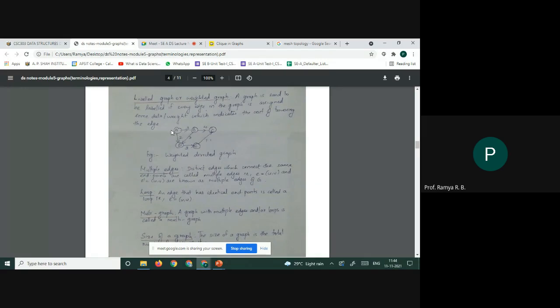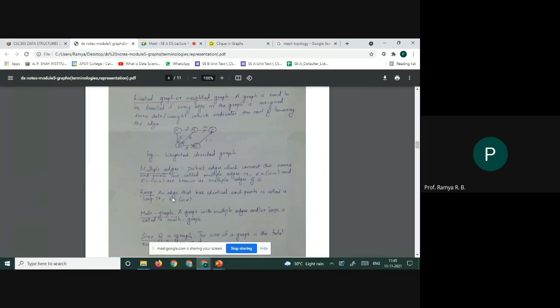Or say you have one more parallel path running from A to D. Apart from this original path which is shown in this figure, suppose there is one more additional path from A to D. Such a path is called a multiple edge. That means it's not a distinct edge. There are multiple edges running from one source node to your destination node. Such edges are called multiple edges.